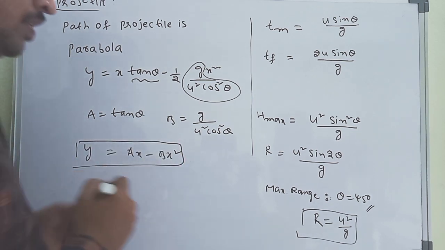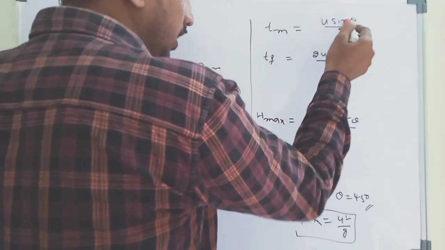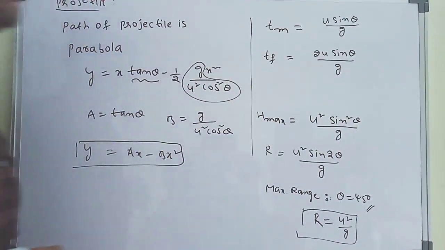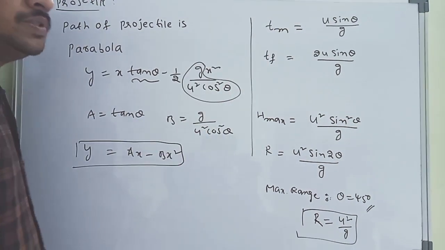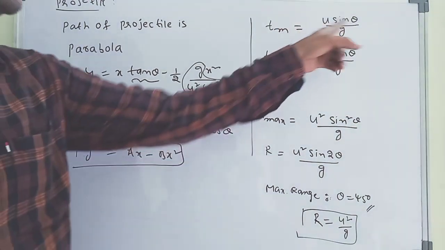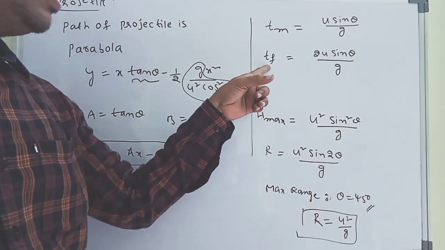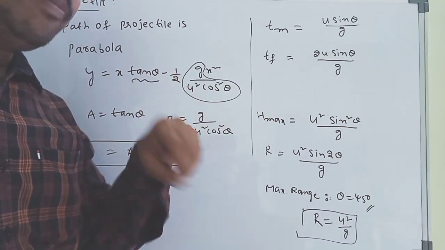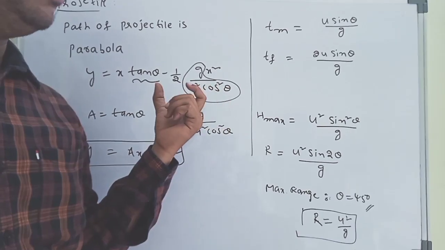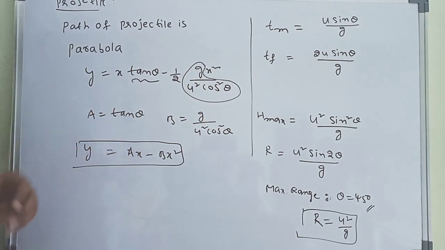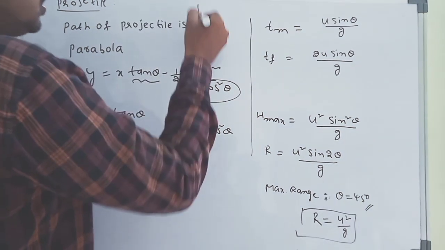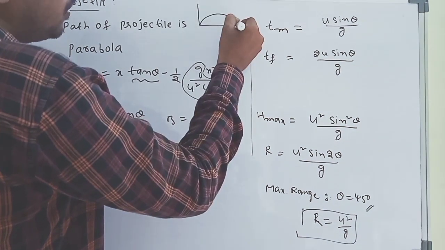So now Tm is equal to u sin theta by g. We know that. That is maximum time. Maximum time is equal to u sin theta by g. And Tf, the time of flight, is the total time to complete one projectile from initial to final.